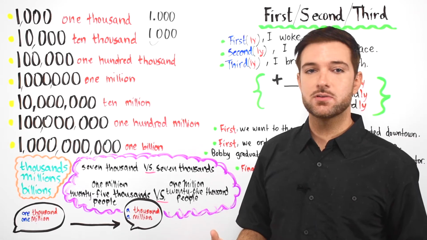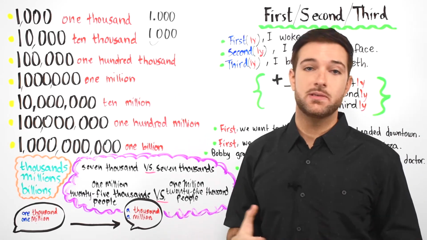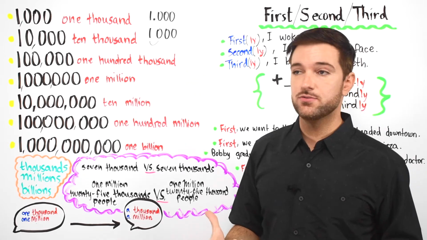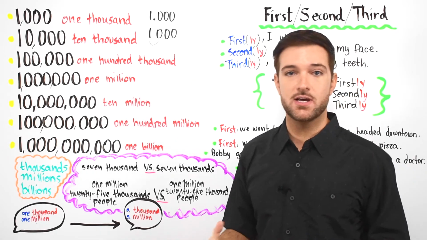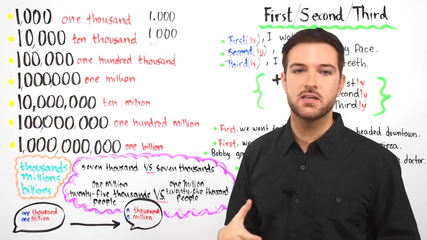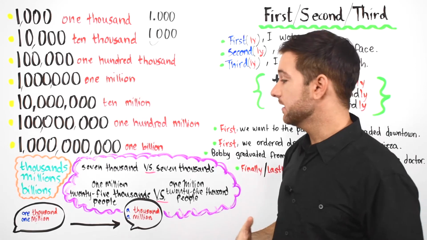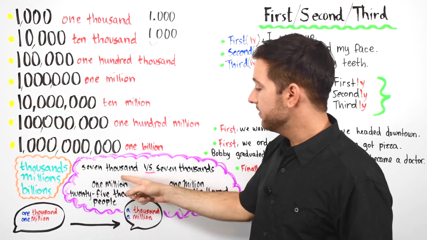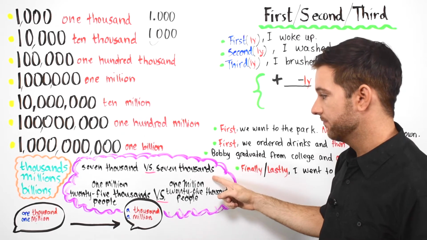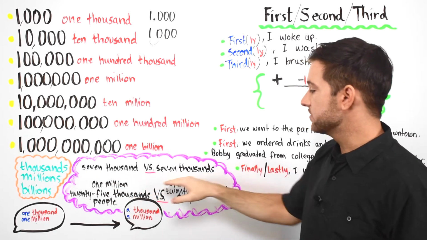Now, when we say numbers such as 1,000, million, and billion, they do not become plural, guys. We do not say thousands, we do not say millions, we do not say billions. We just say 1,000, million, and billion. Let's look here. We have 7,000 versus 7,000s.